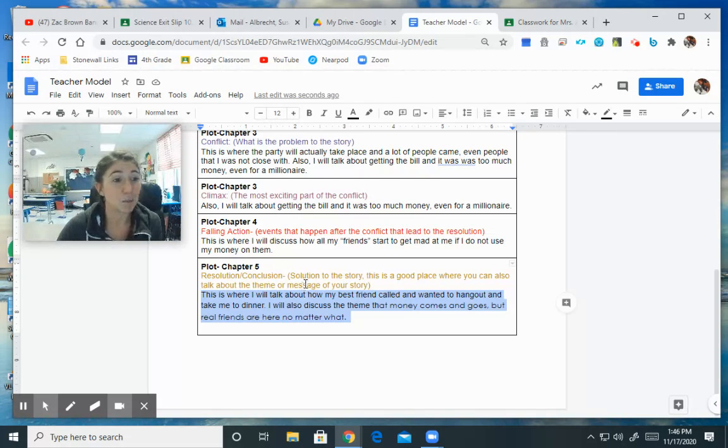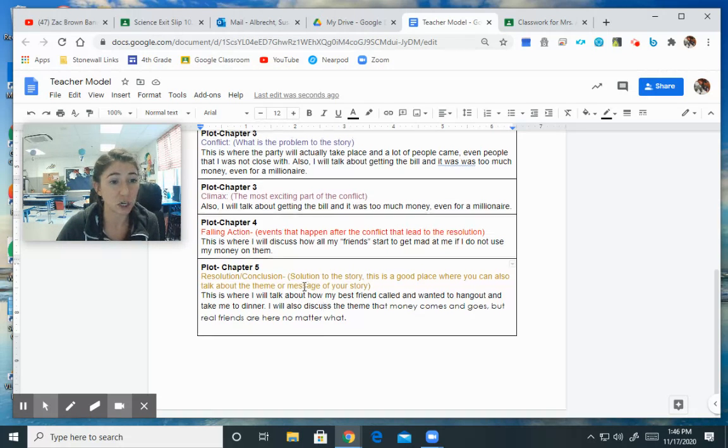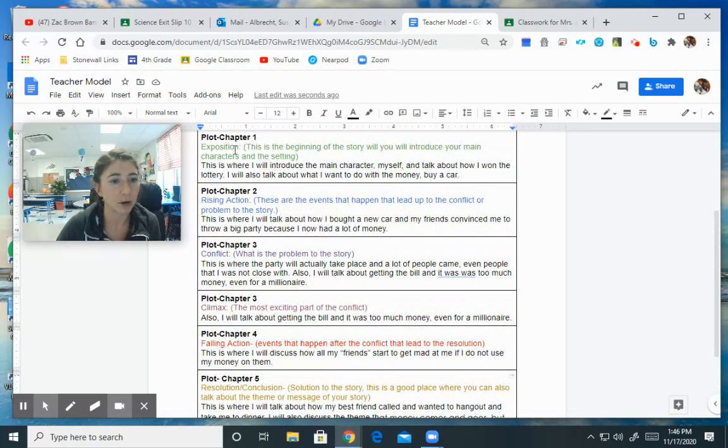So today is a big day. You're going to really need to think about how your story is going to lay out. So think about what each of these terms mean of plot. Remember, our exposition, our first chapter, is going to be introducing the main character. Chapter 2 is going to be your rising action, which is going to be your events that lead up to the conflict.